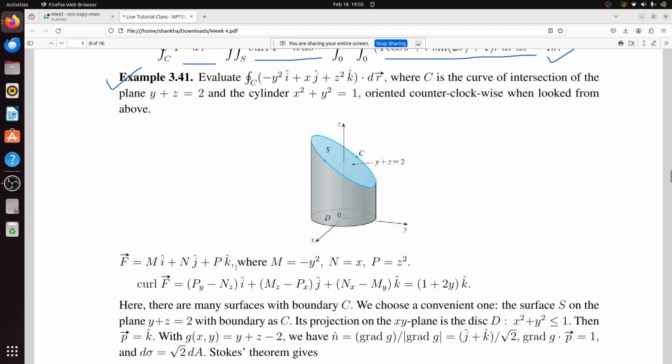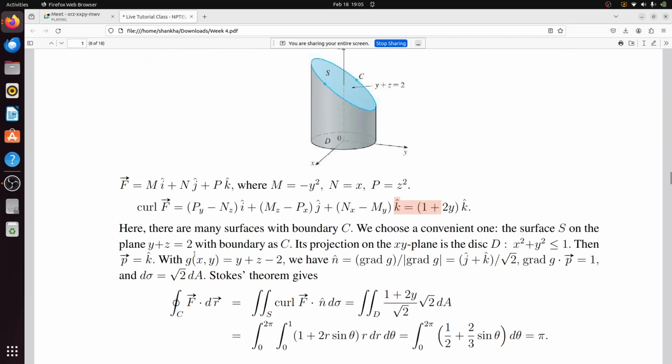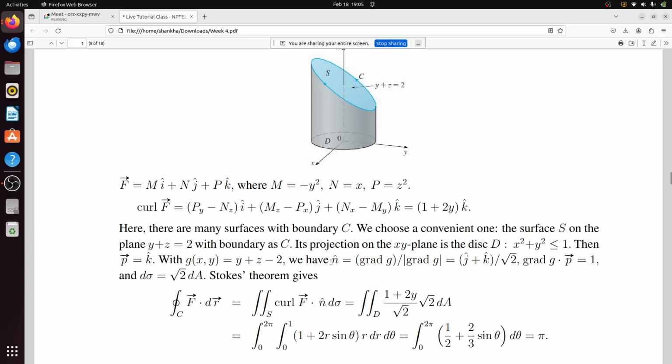So m and p are known to you. You determine the curl f. If you determine the curl f, you will get this, and then that is same. You have to use the same formula, everything is same. You determine the function g of x, y is given, you have to determine grad g, and g dot k is equal to 1.